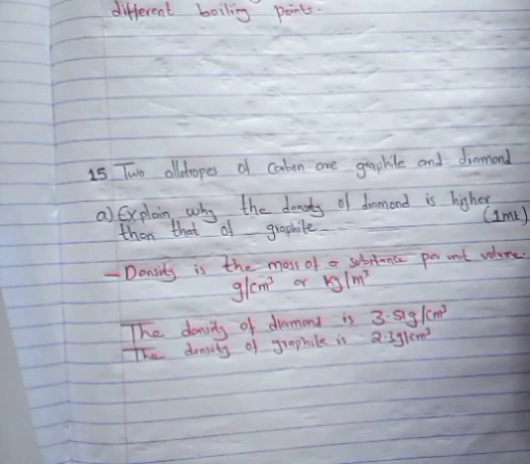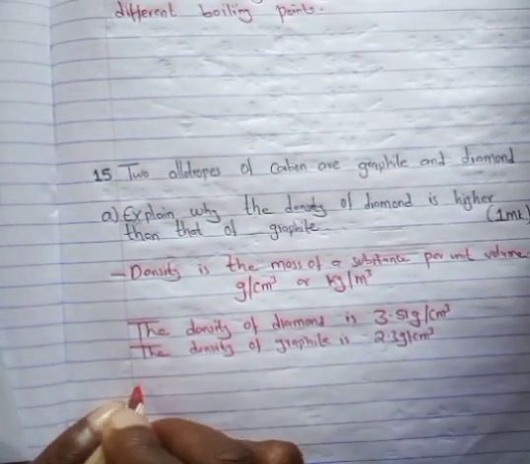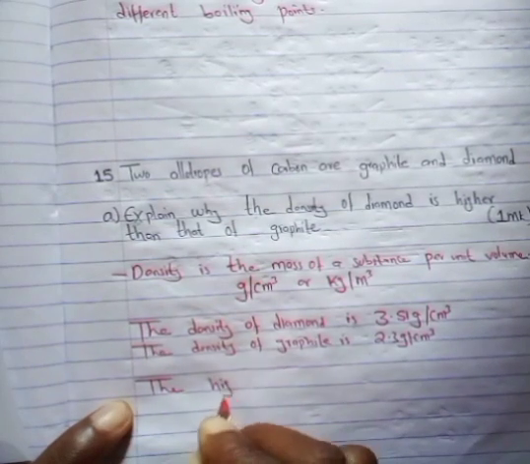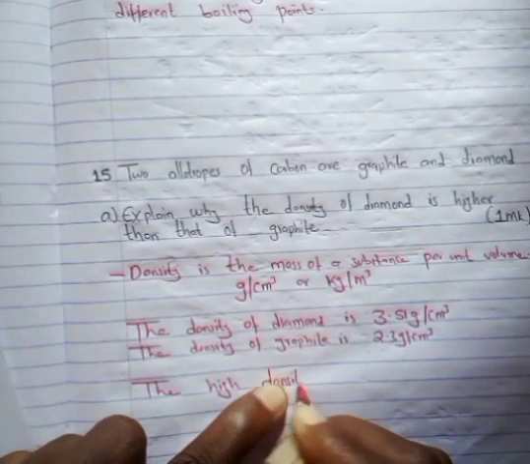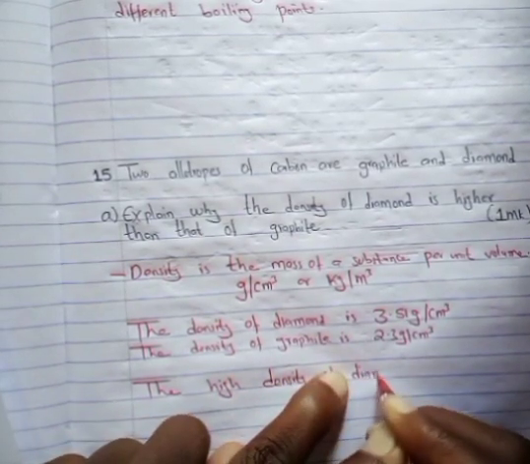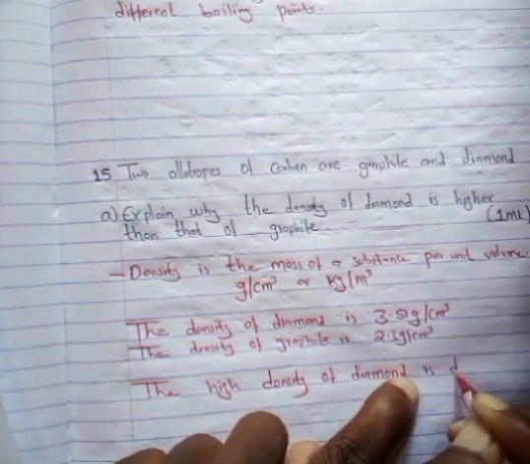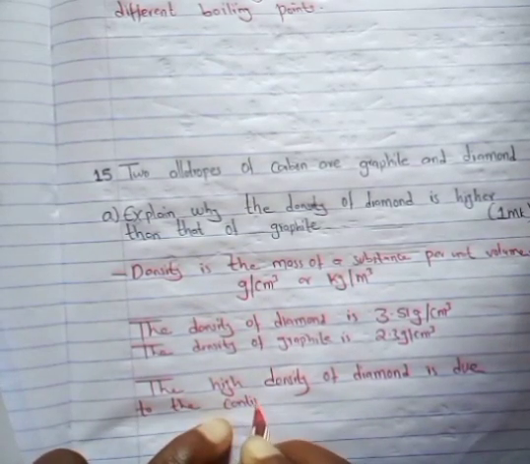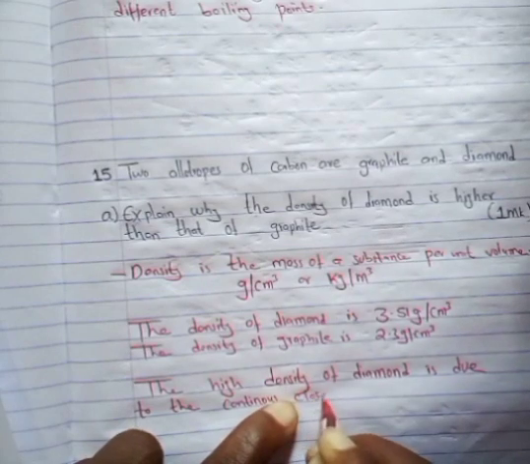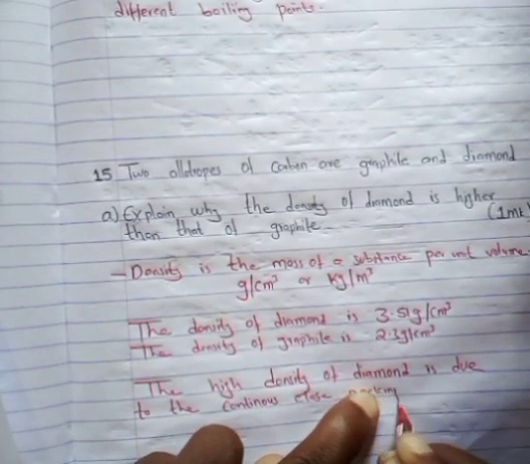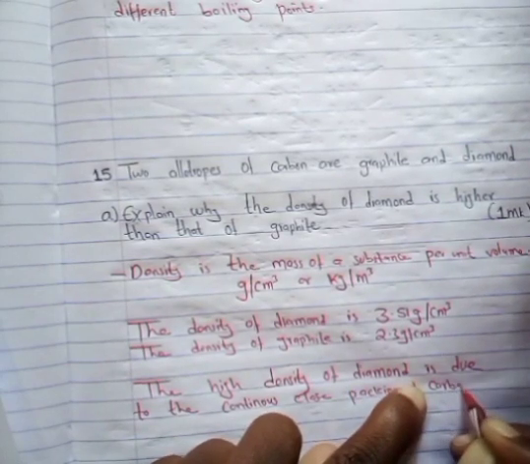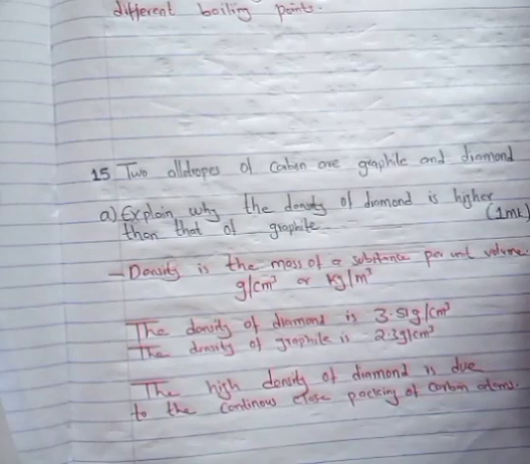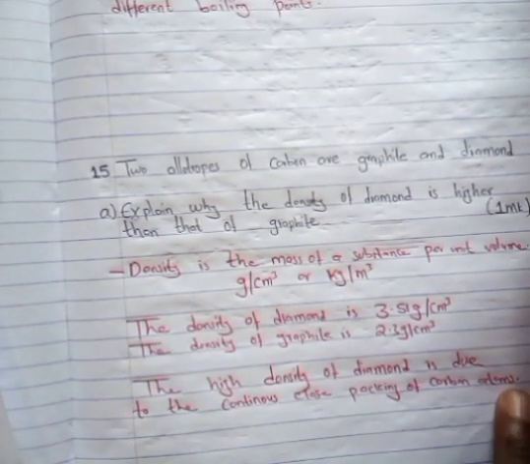The reason is the high density of diamond is due to the continuous close packing of carbon atoms.